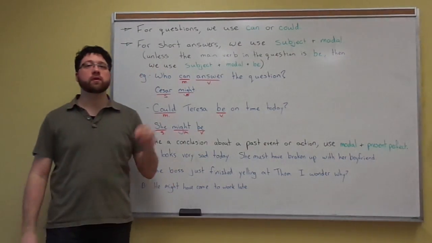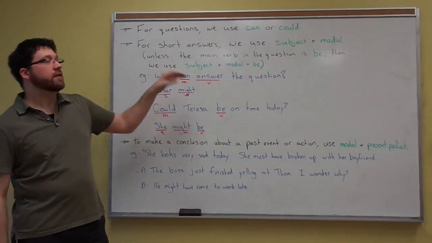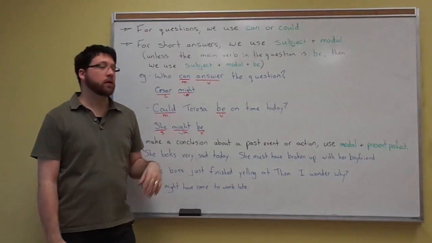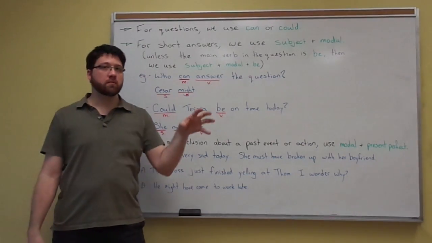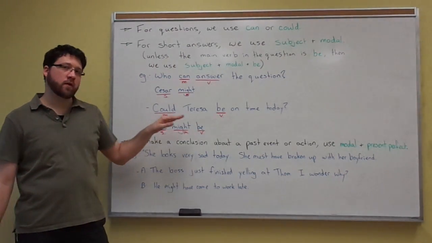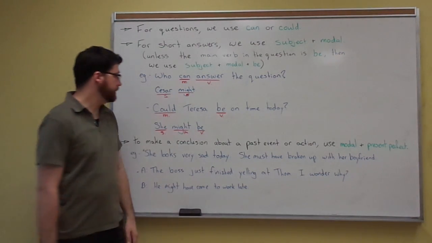We include the be verb. So, if the verb is something other than be, we can just use the subject and the modal. If the main verb is be, subject, modal, verb. Be.